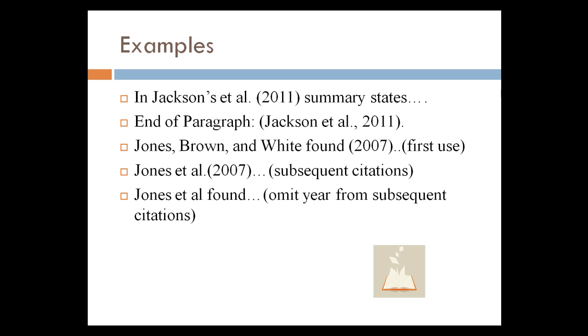When the work has 2 authors, cite both names every time the reference occurs in the text. When the work has 3, 4, or 5 authors, cite all authors the first time the reference occurs. In subsequent citations, include only the surname of the first author followed by et al.